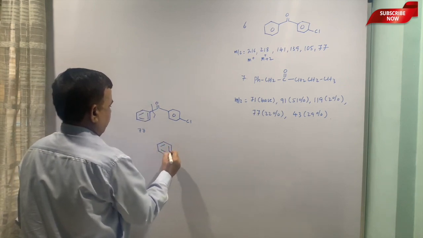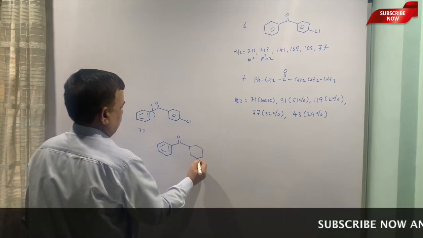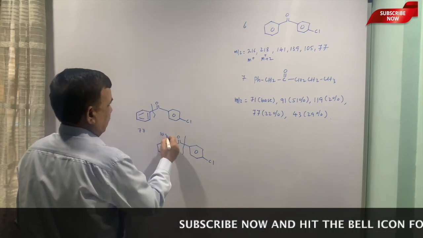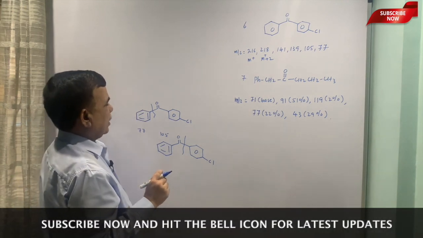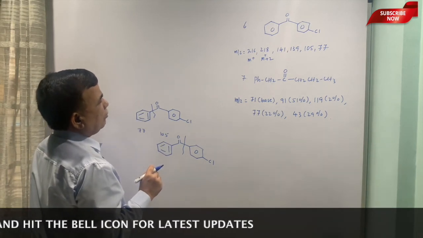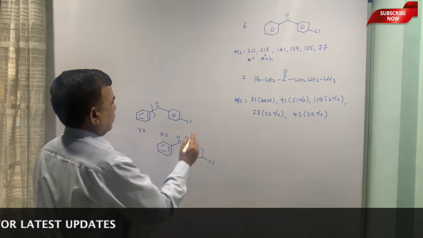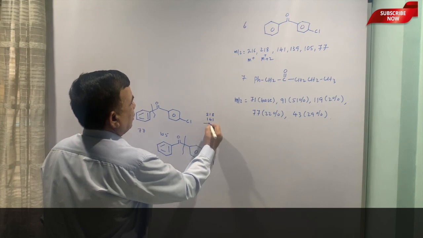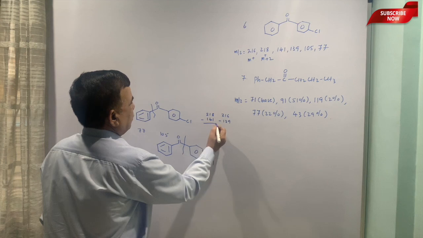So heterolytic cleavage, this is 105, 77, 105 is explained. Then the 141 and 218 minus 141 or 216 minus 139, anything you can take.